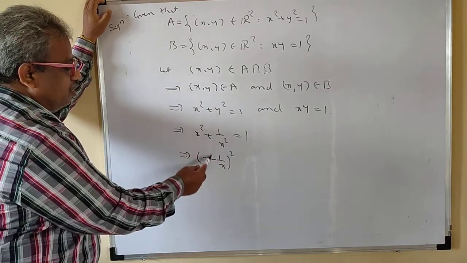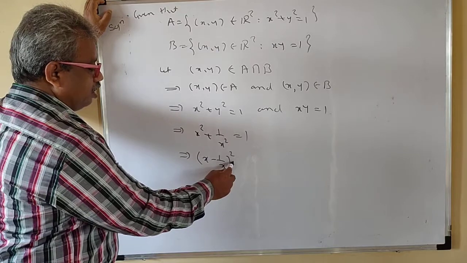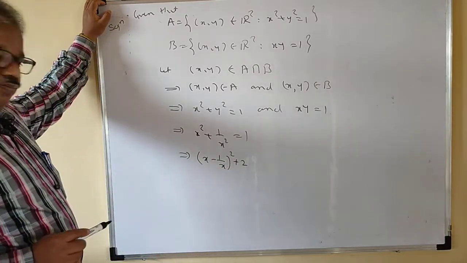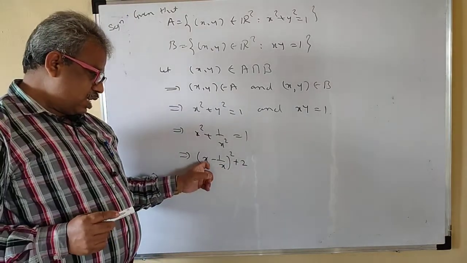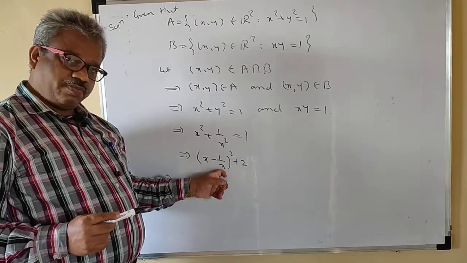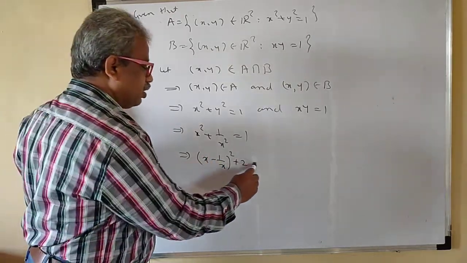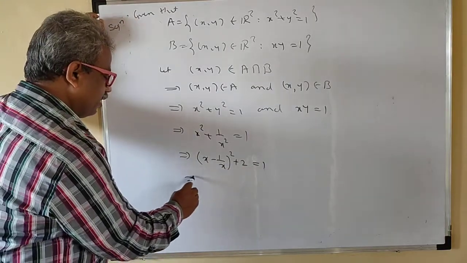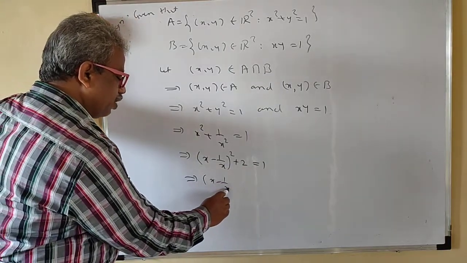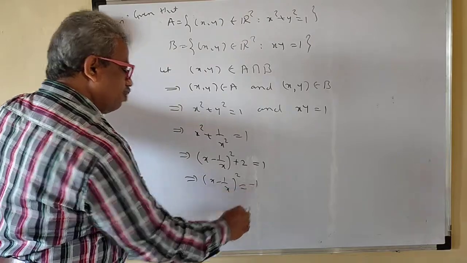This is x square, and the middle term is minus twice the product, plus 2, which you have to add. So x square plus 1 by x square minus 2 plus 2 is equal to 1. So this implies that (x minus 1 by x) square is equal to minus 1.